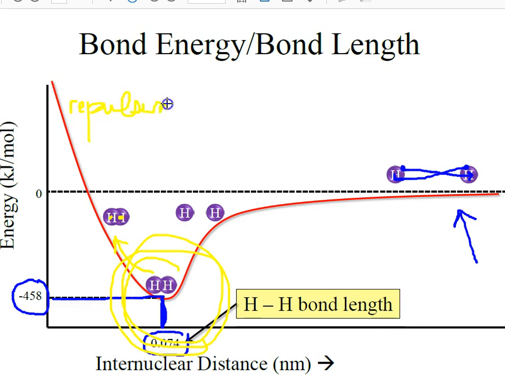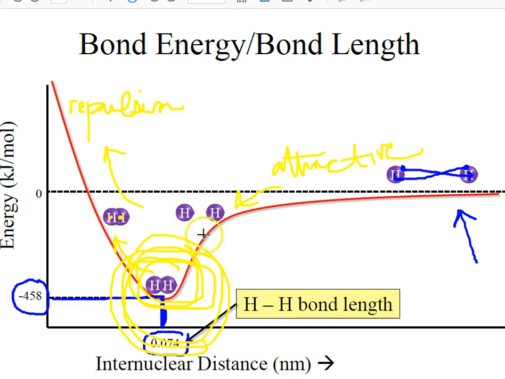As you move from the right-hand side, you have attractive forces that are lowering your energy, and on the left, repulsion forces that are raising your energy, but right here in the middle, you have this perfect balance of attraction and repulsion, and that is where your bond forms.